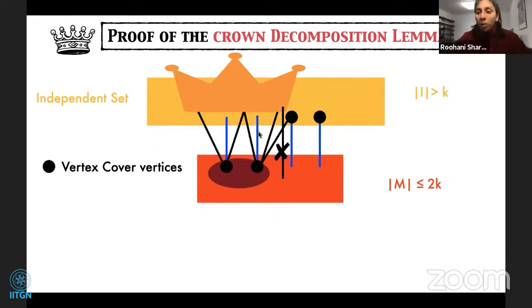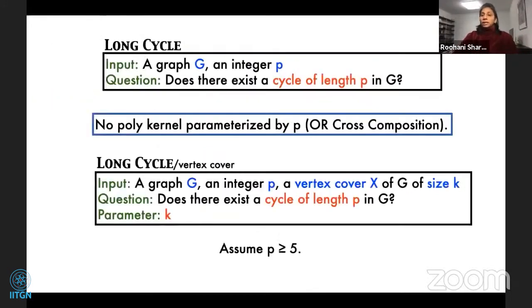So now what I wanted to point out next was the following. I'll skip this part, but let me still say it, that a lot of problems admit these crown reduction rules. So for a lot of problems, if you can actually find a crown decomposition, then you can try to delete the head and pick the head in the solution the way we did for vertex cover and proceed with some reduction rules.